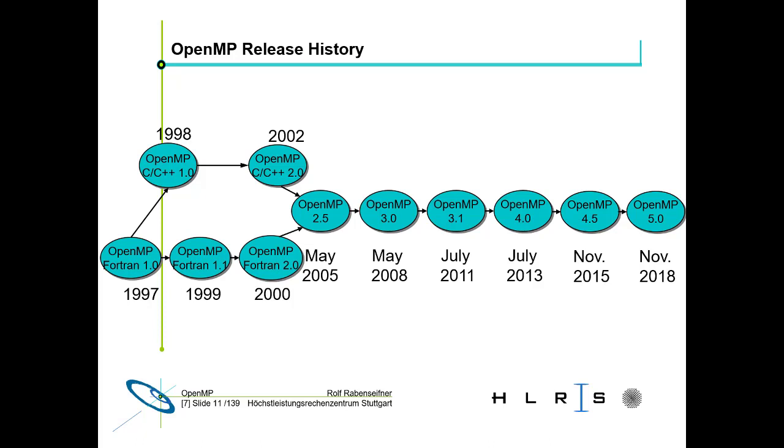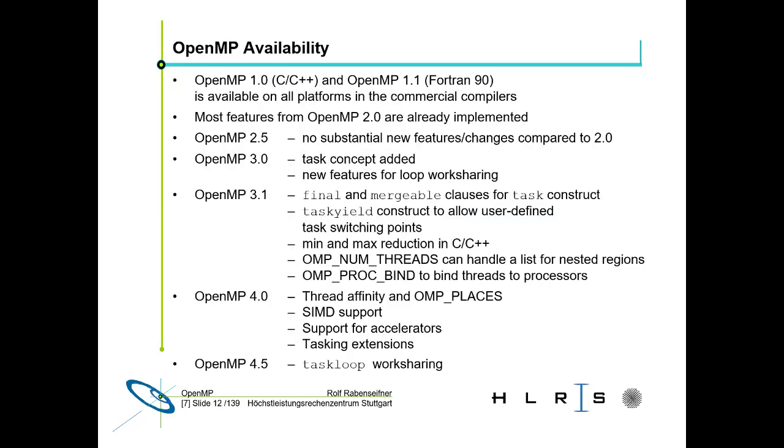And then there was a steady progress of new releases of the OpenMP specification up to the latest one, which is OpenMP 5, which dates to November 2018. So here's a bit of an overview of the capabilities and the features added into the specifications listed here. So we'll go over most of those features and also the more recent ones in OpenMP 4 and OpenMP 4.5.